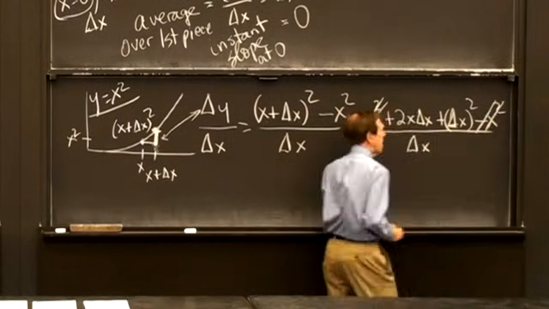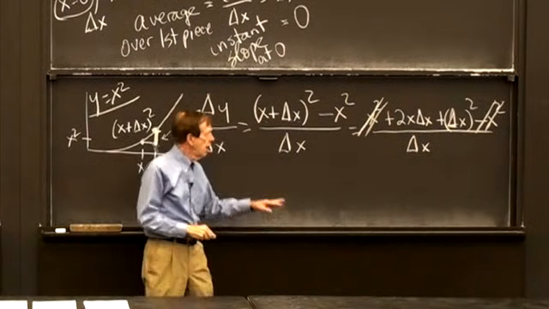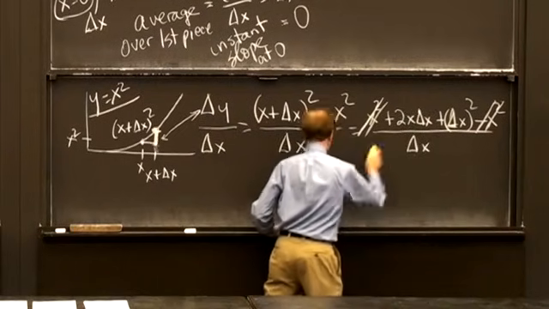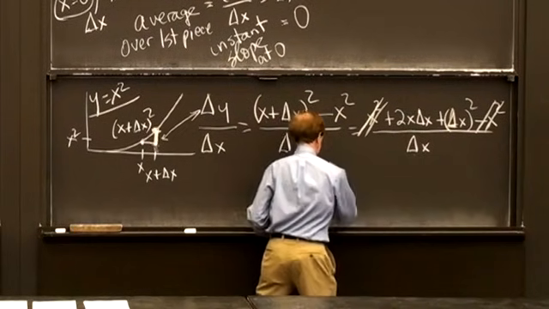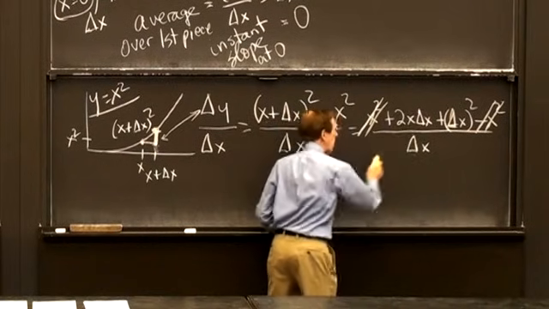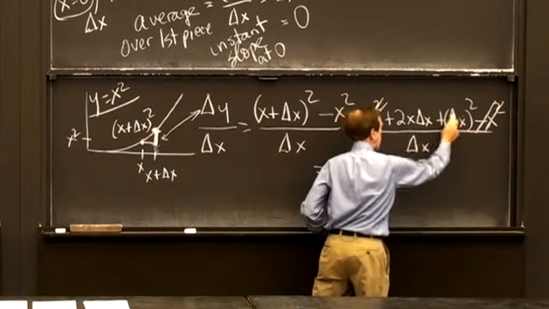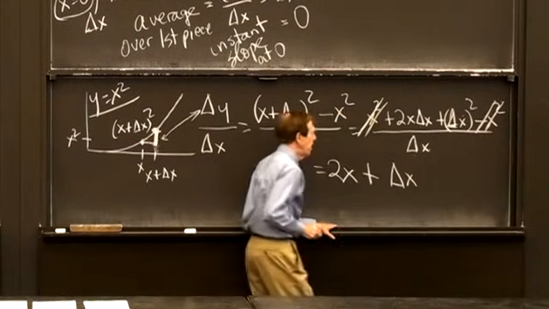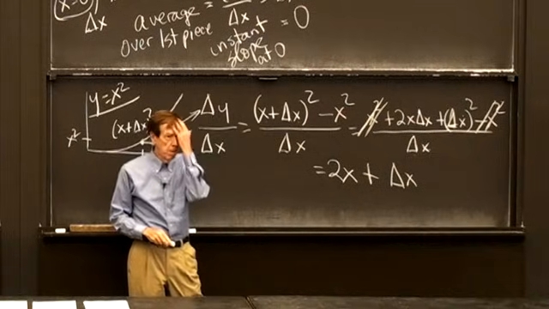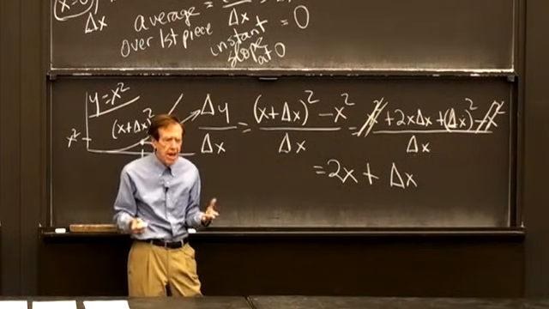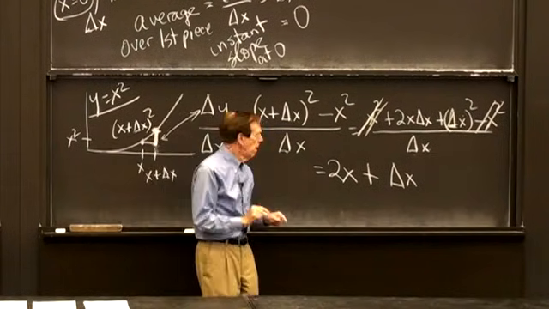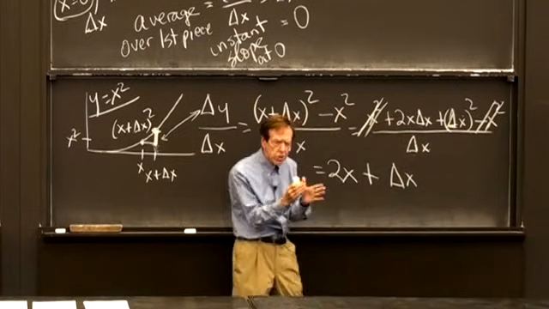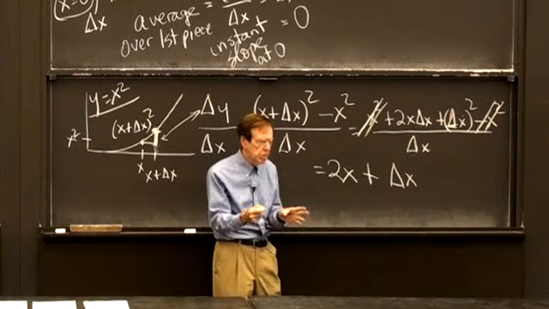I'm not surprised. Now, in this case, I can actually do the division. Delta x is just there, so it leaves me with a 2x. Delta x over delta x is 1. And then here's a delta x squared over a delta x, so that leaves me with 1 delta x. As you get the hang of calculus, you see the important thing is this first order, delta x to the first power.